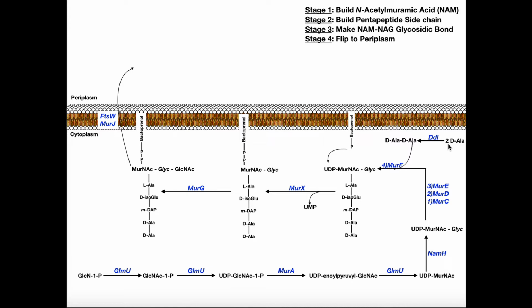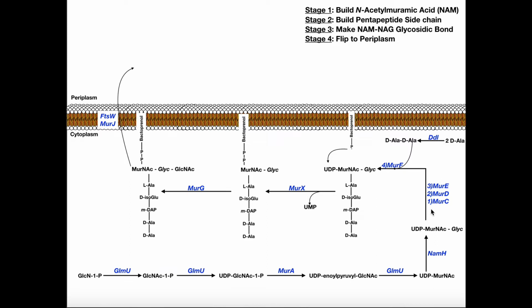Generally, in pretty much every situation that we could have, and especially in eukaryotes, amino acids are in the L isomer form. We don't see D amino acids except for one, but that's an irrelevant point here. So in bacteria, this is one case where we see D amino acids. So we're going to condense 2 D-alanines right here, and this is going to be through an enzyme called Ddl.